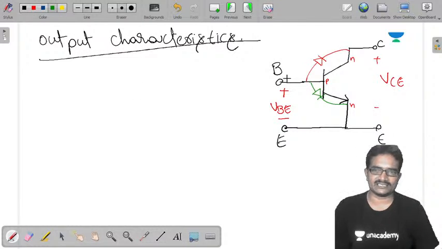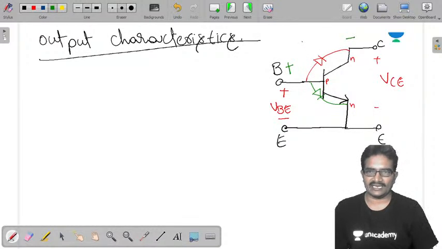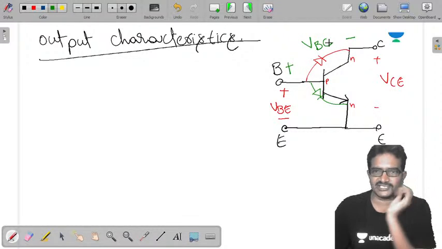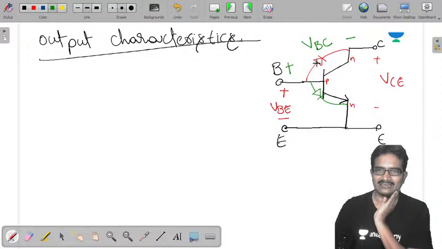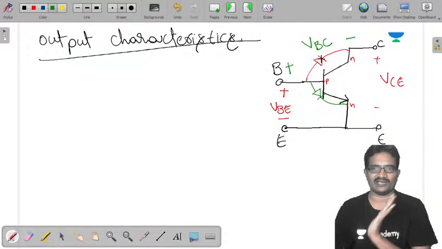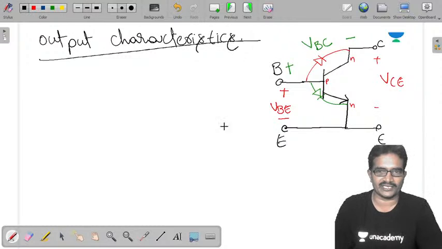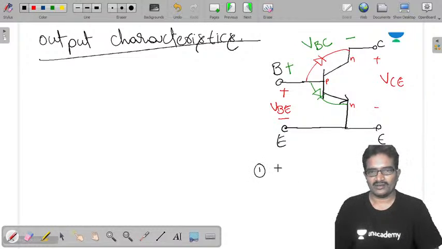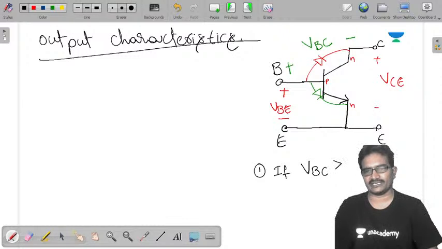Now let us take this as positive and this as negative, and call this voltage VBC. If VBC is positive, greater than 0, the collector junction is under forward bias.